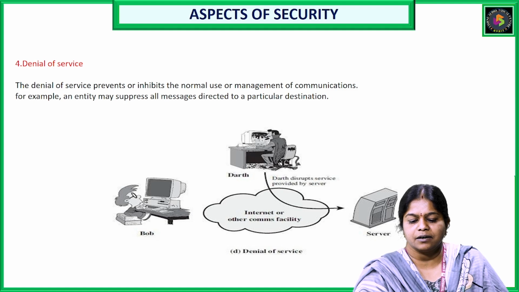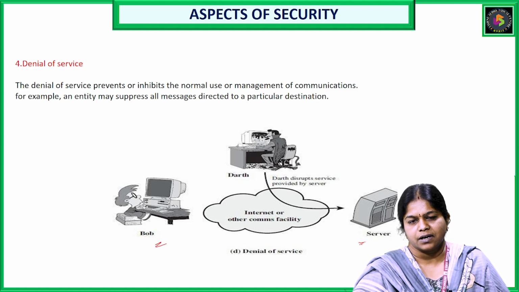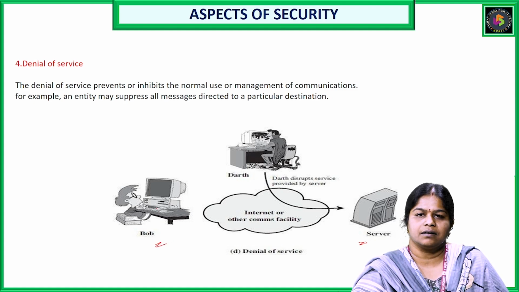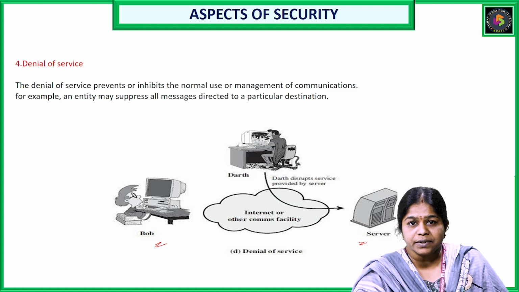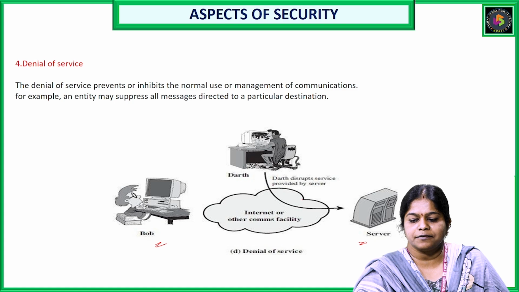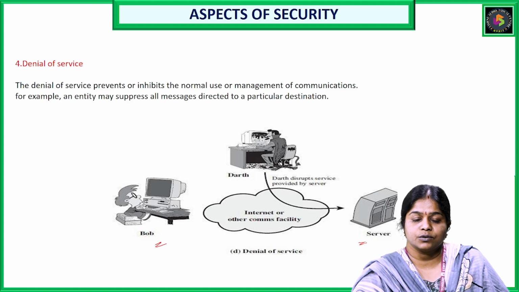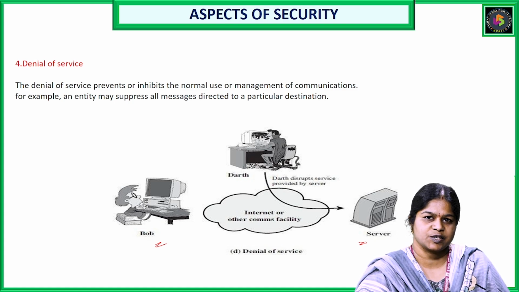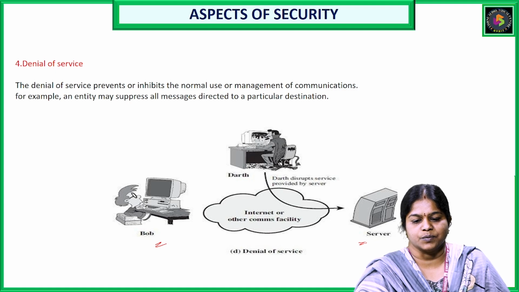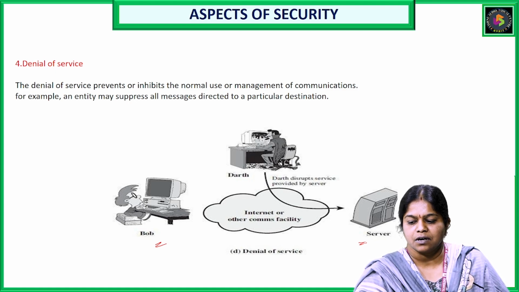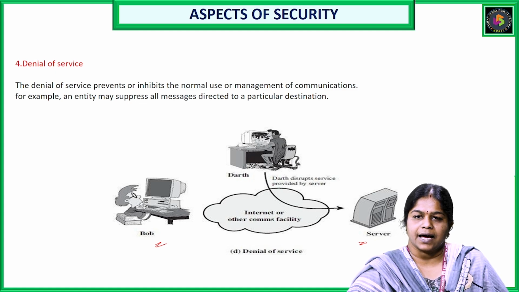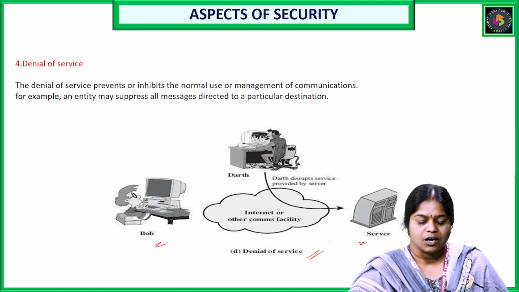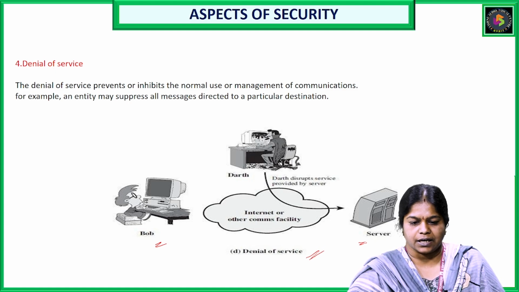For example, here we have Bob and a server, where he'll be getting the services of a particular server. In denial of service, the opponent won't give the services to Bob. That is, he prevents the services, or inhibits the normal use from the server to Bob. So this type of attack is called a denial of service attack.